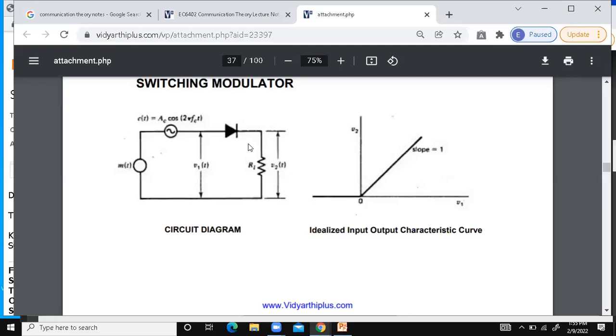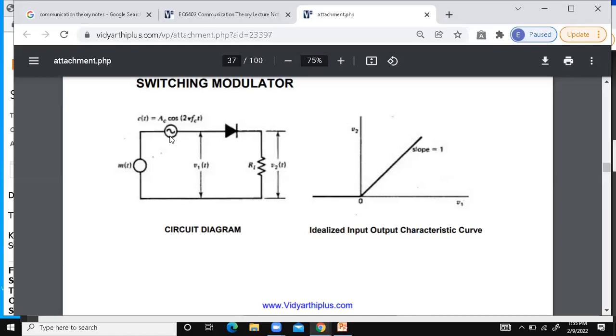Well, if it was an alternating current... Let's say it's an alternating voltage, not a current.